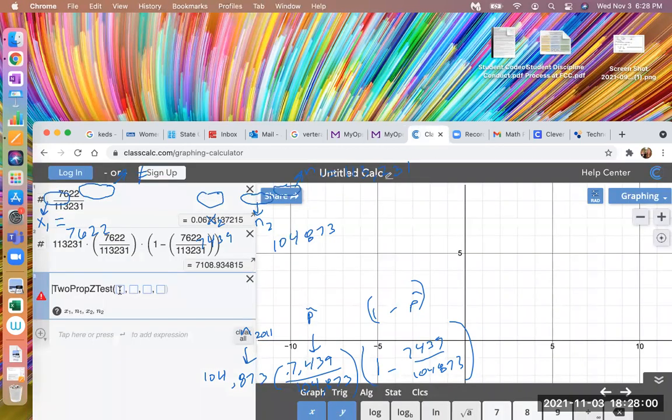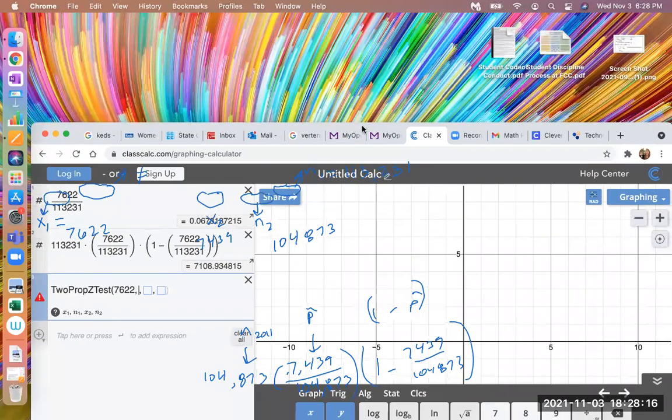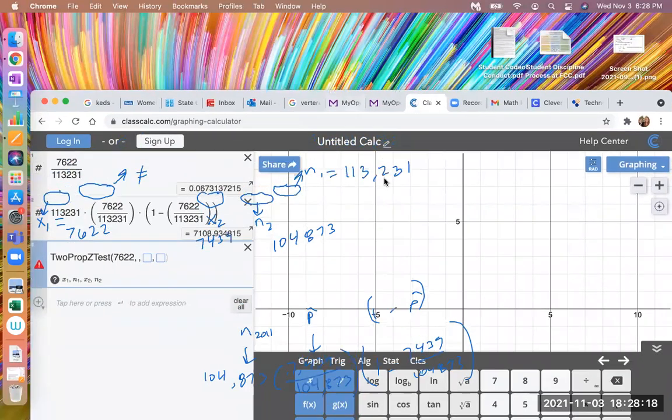So now I can do 2-PropZTest. My X1 is the 7622. The N1 being the, where did I write that? Oh, there it is. It's just behind everything. It's the 113231. Then the X2, the 7439.